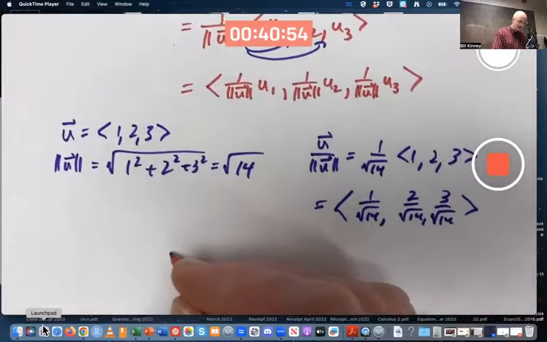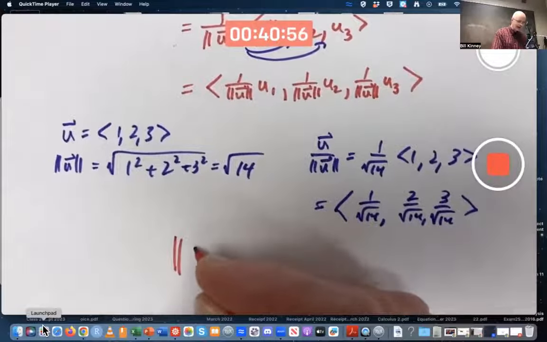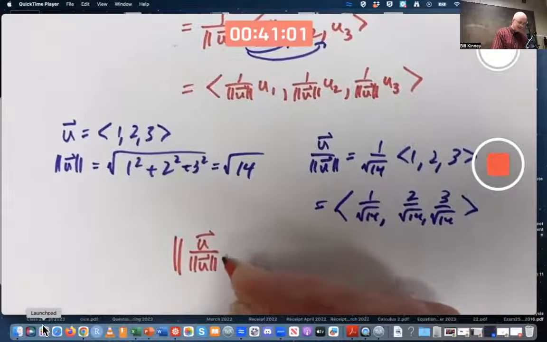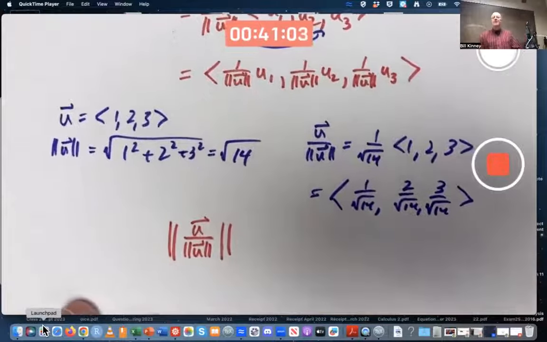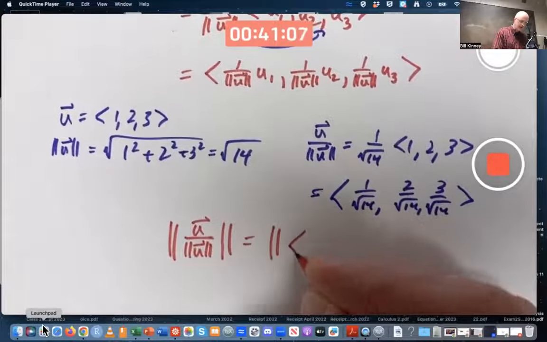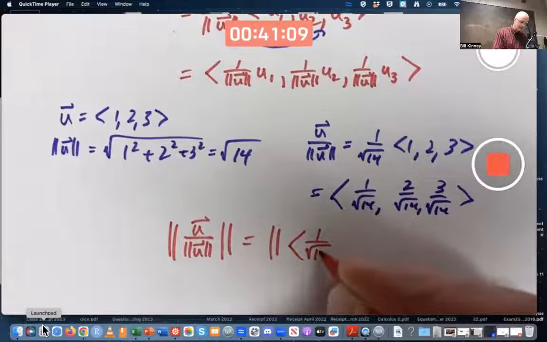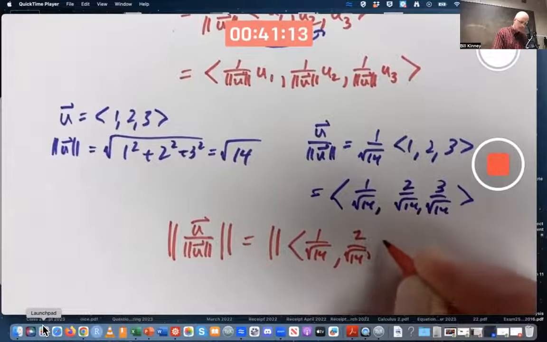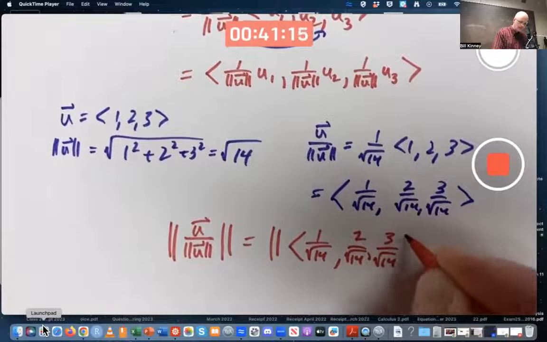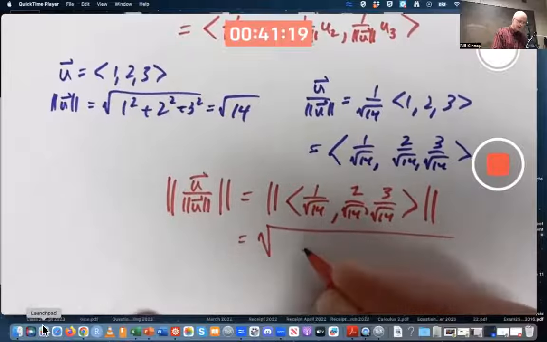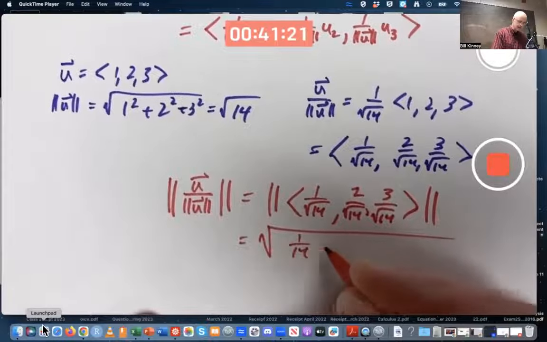Why? Try it out. Take the magnitude of this thing. Double absolute value signs around it. For this example, that's the magnitude of this: the square root of the sum of the squares of these things.